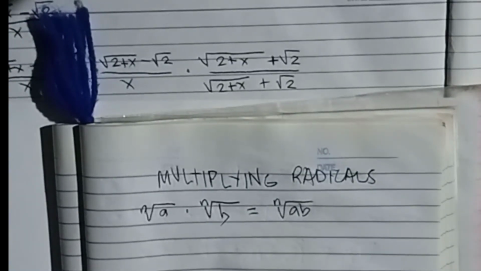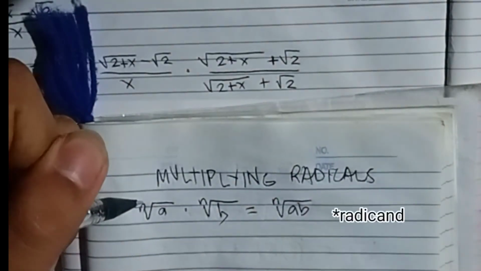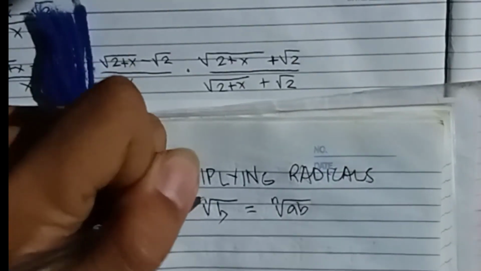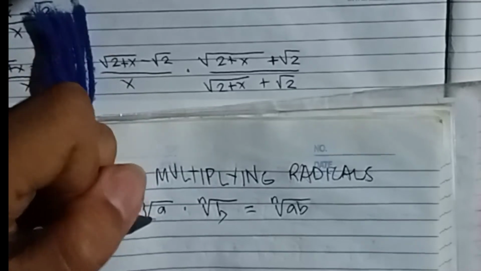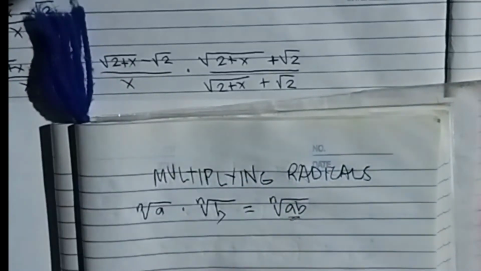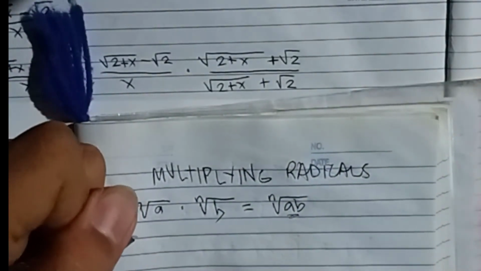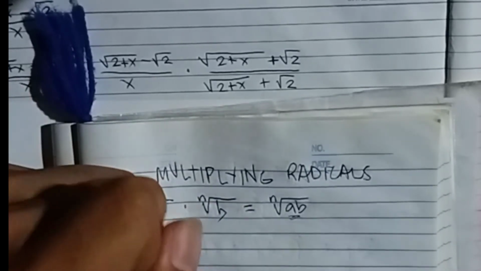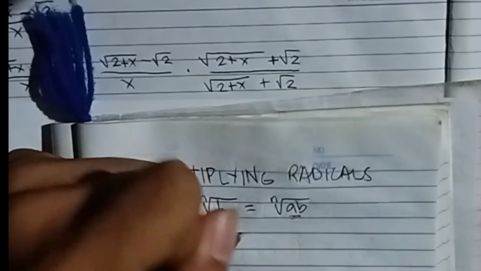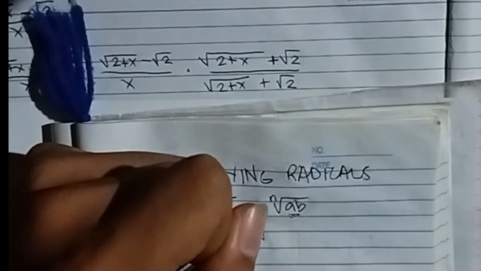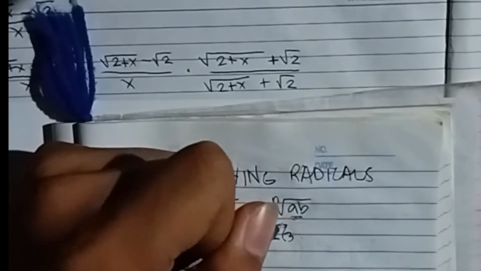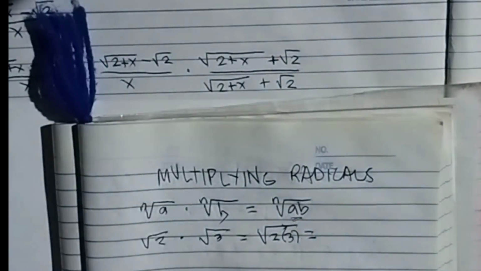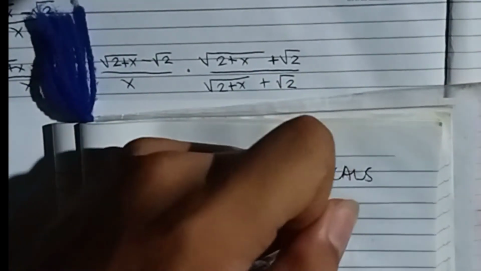So, if we are multiplying two radicals with the same index, we will have just to multiply its radicands. Let us say we have this square root of 2 times square root of 3. Then we have square root of 2 times 3 or square root of 6.